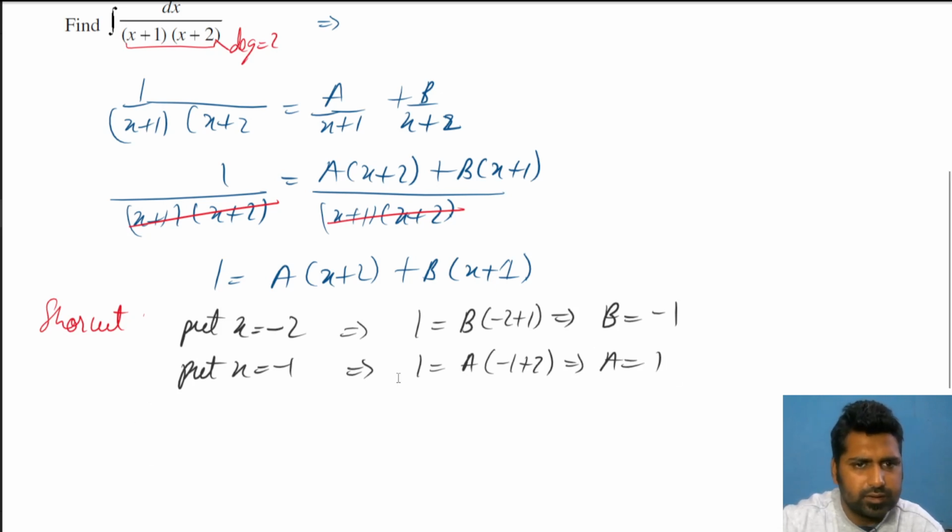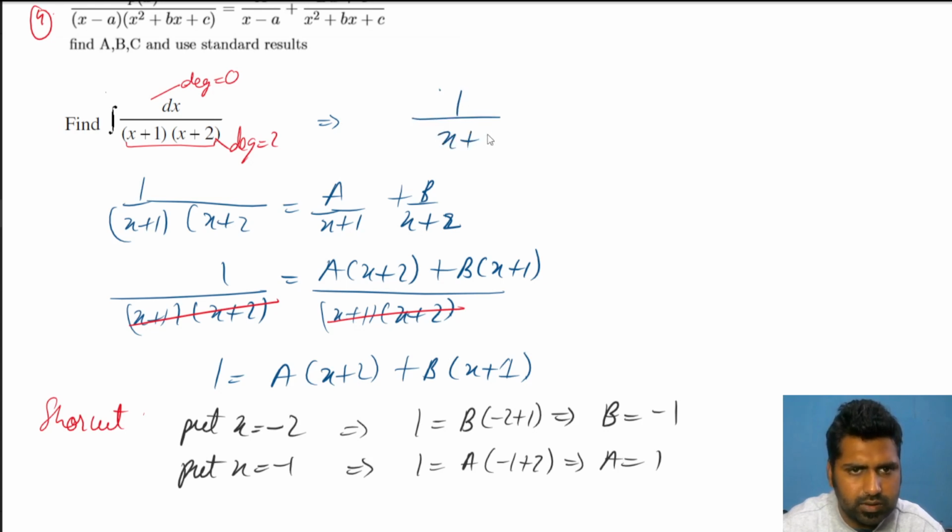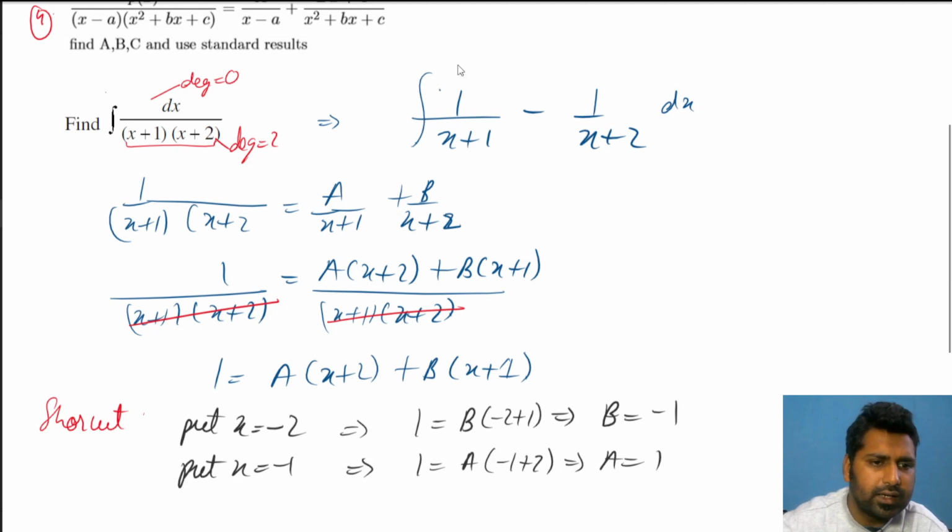That means this question has become the integral of 1 upon x plus 1 minus 1 upon x plus 2, dx, and I think we can directly write down the answer.